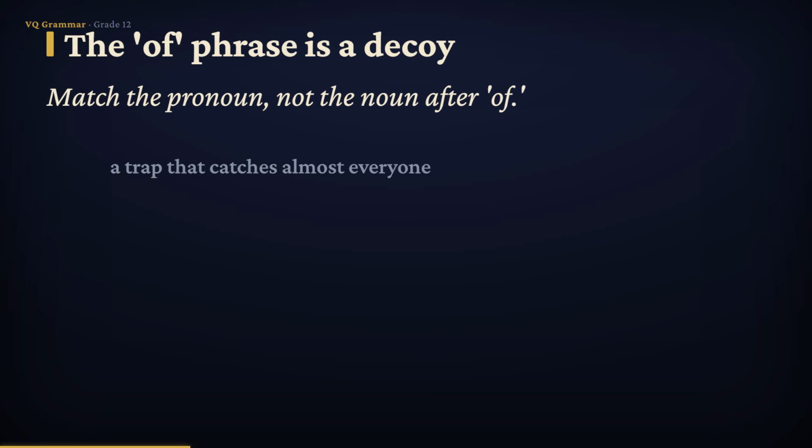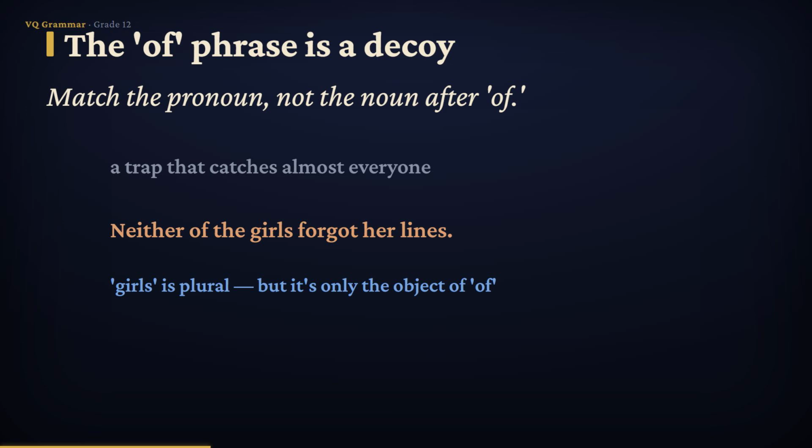Now, a trap that catches almost everyone. Look at this sentence. Neither of the girls forgot her lines. There's a prepositional phrase sitting between the indefinite pronoun and the verb, of the girls, and the word girls is plural. It's tempting to reach for their. But girls is only the object of the preposition. It is not the antecedent.